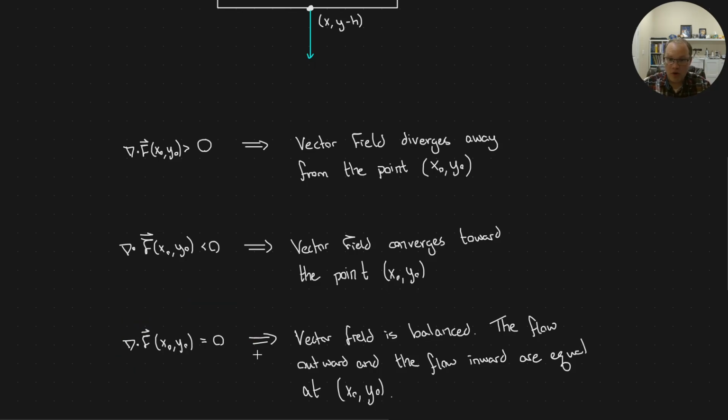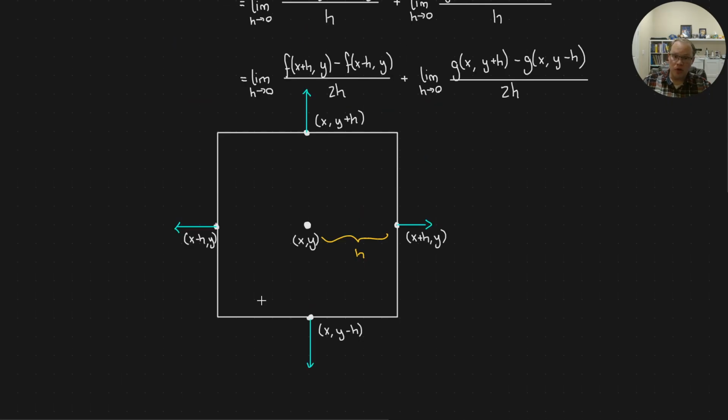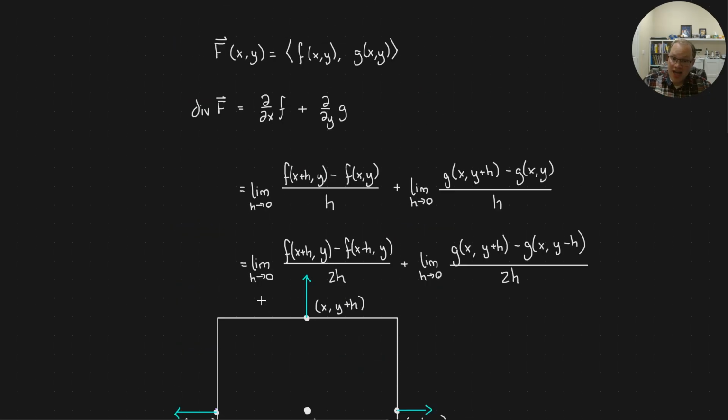So for an incompressible fluid like water, one of the conditions is that the divergence of the velocity of the water has to be 0 at every point. This is a really important concept and applies in 2D as well as 3D. The divergence tells you on net how much is flowing inward and how much is flowing outward from the point.